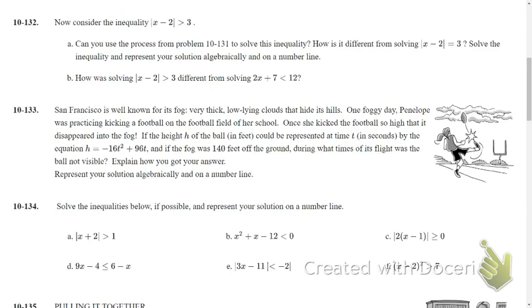Think about it, if you recall, when we did this type of equation, when we have absolute value equations, you're asking yourselves, what is a solution for x that will give me an answer that is 3 spaces away from 0?